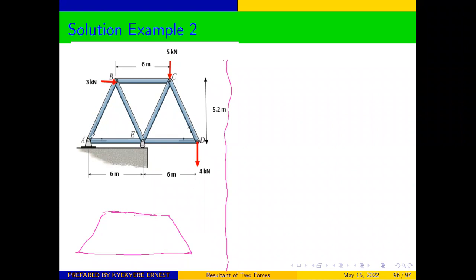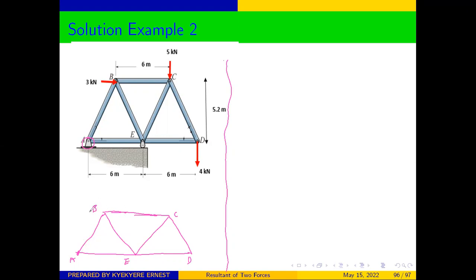And the support here, this one is A. Then let me finish the division. This is A, this is E, and this is D. And this side is C, and we have B at this side.